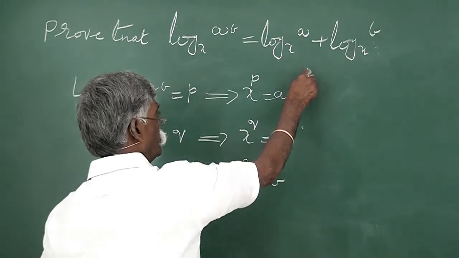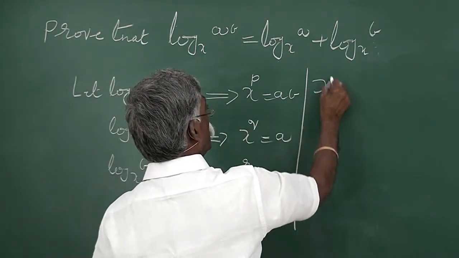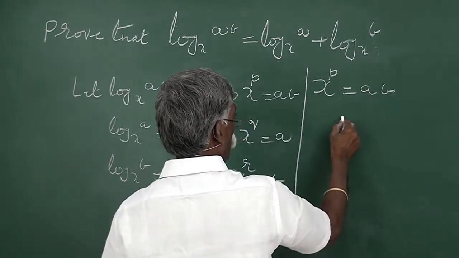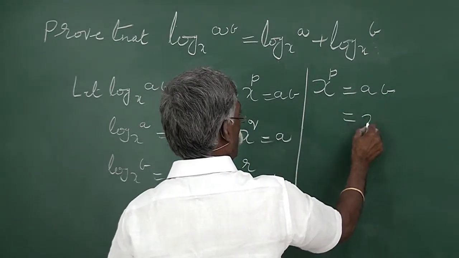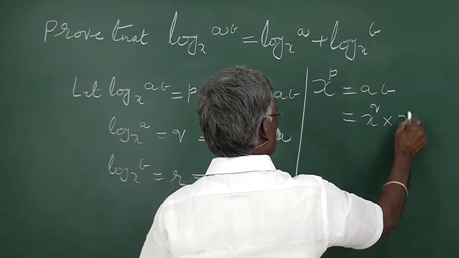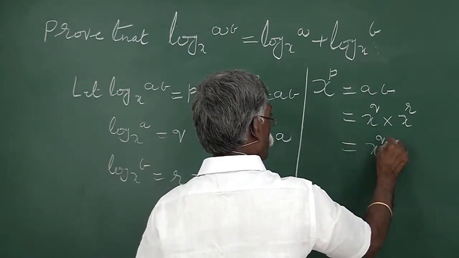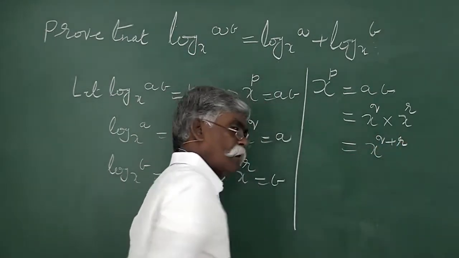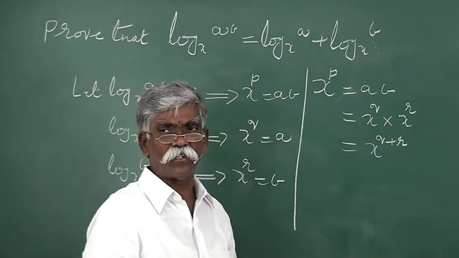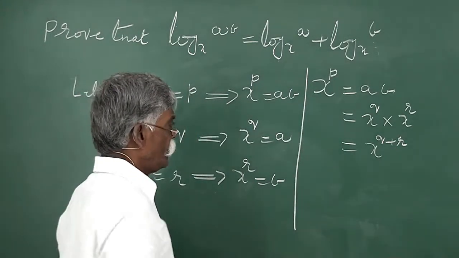Now, if we take the first result, x power P is equal to AB, and here the value of A is x power Q and the value of B is x power R. Therefore, this is equal to x power Q plus R. Because the two quantities are getting multiplied, the base is same, therefore we have to add the exponents.